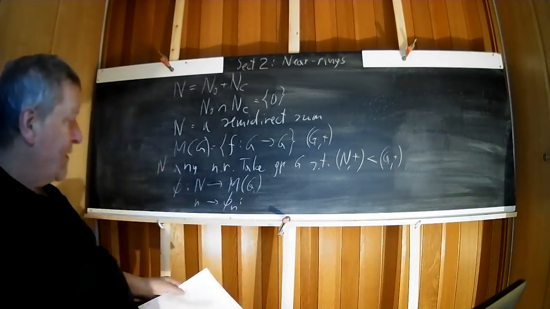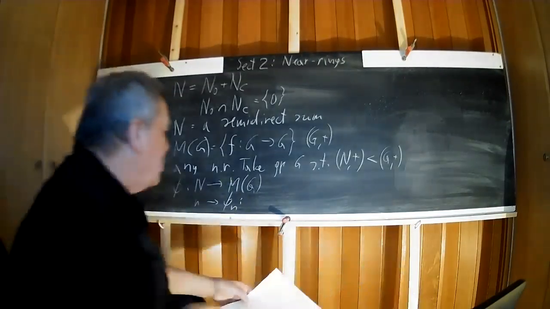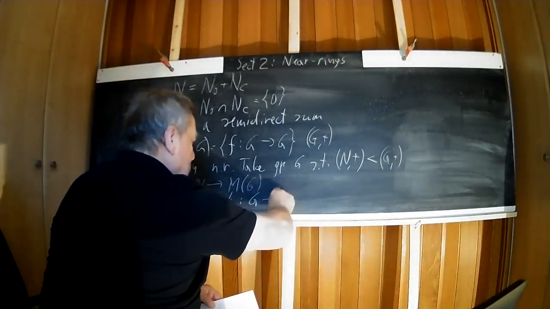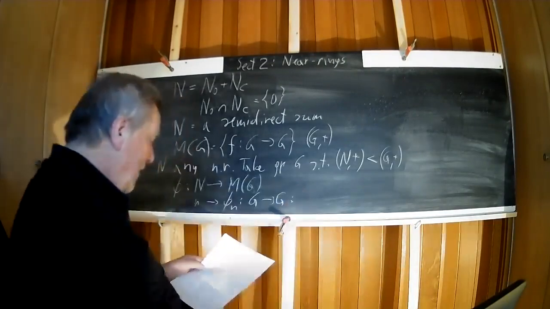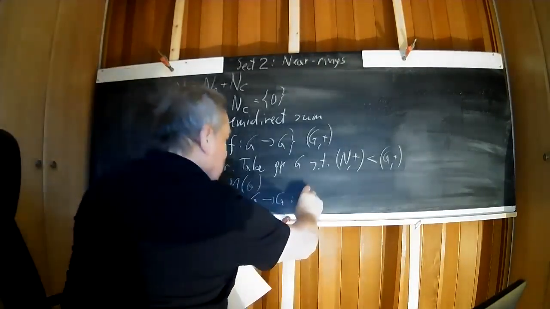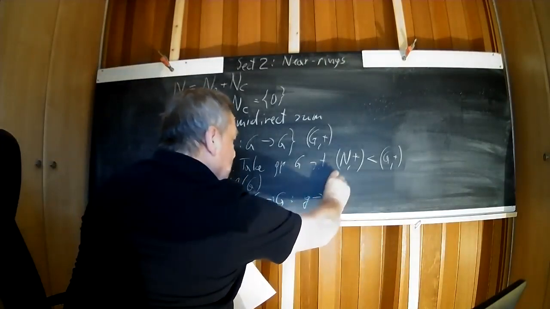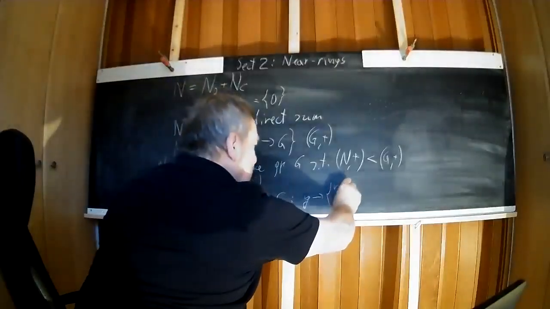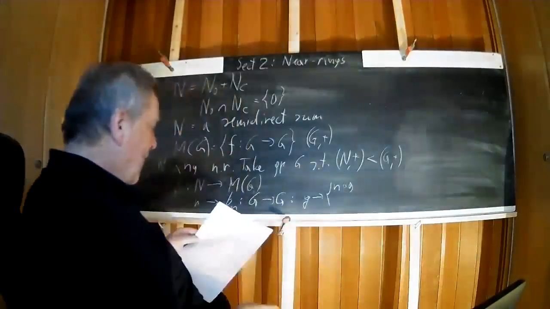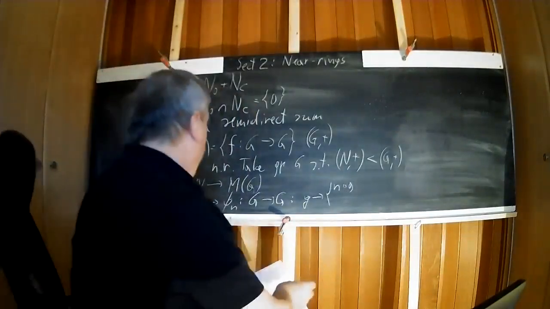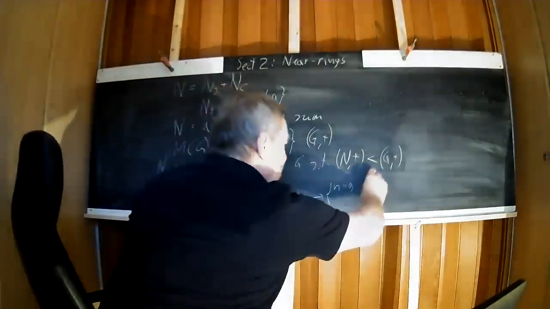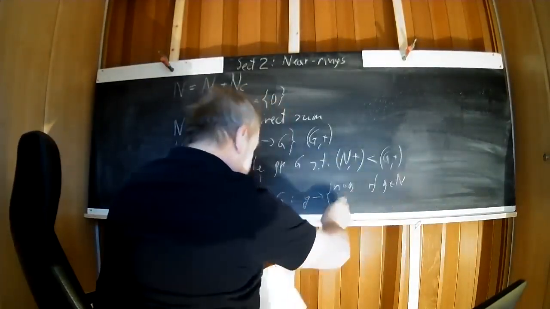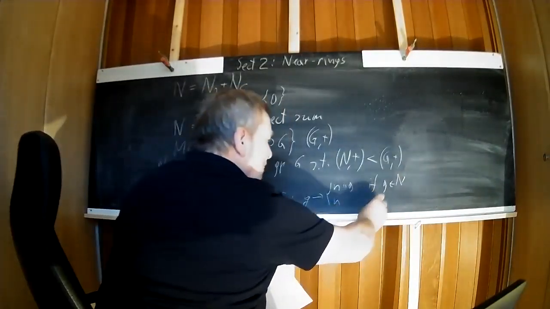And this in turn is defined in the following way, that it maps from G to G in such a way that an element g will be mapped into n composed with g in the case that g is in N, and it will map into n otherwise.